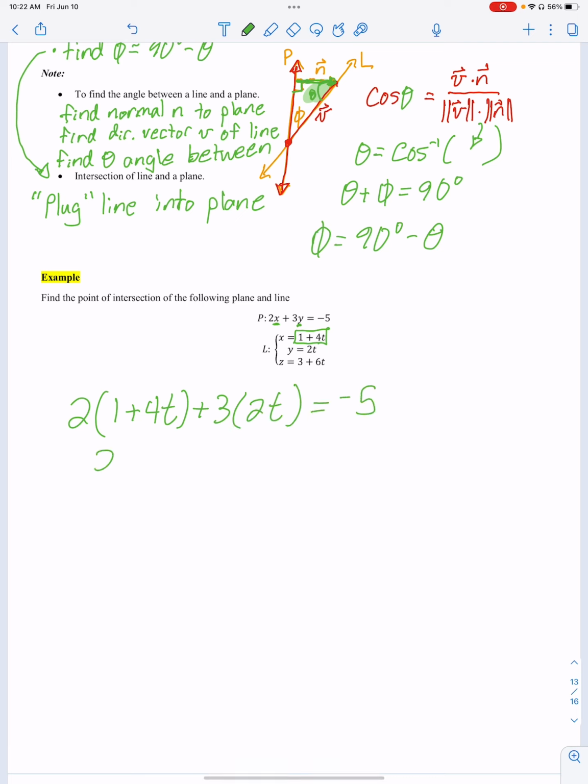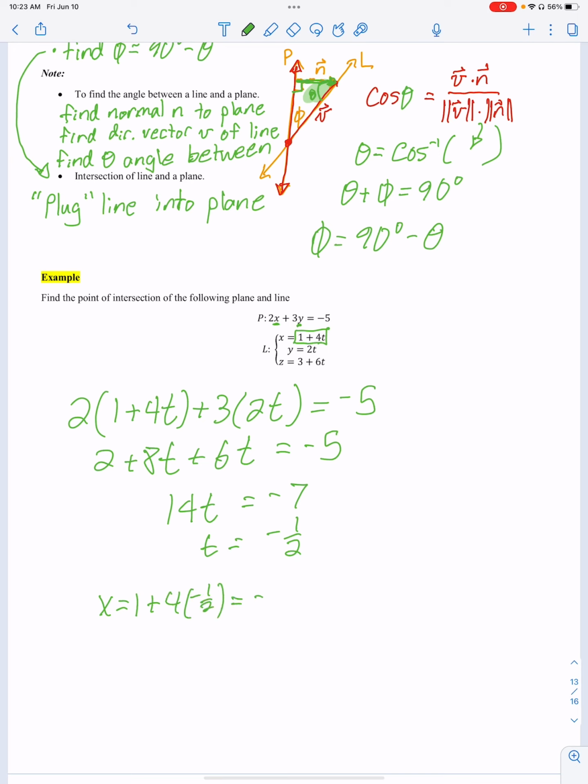And now we solve this for t. We get 14t, I'm going to minus 2, so we get t is negative 1/2. Now, that doesn't tell me the point. That tells me when it happens on my line. So if I plug that into x, y, and z, x equals 1 plus 4 times negative 1/2, we get negative 1.